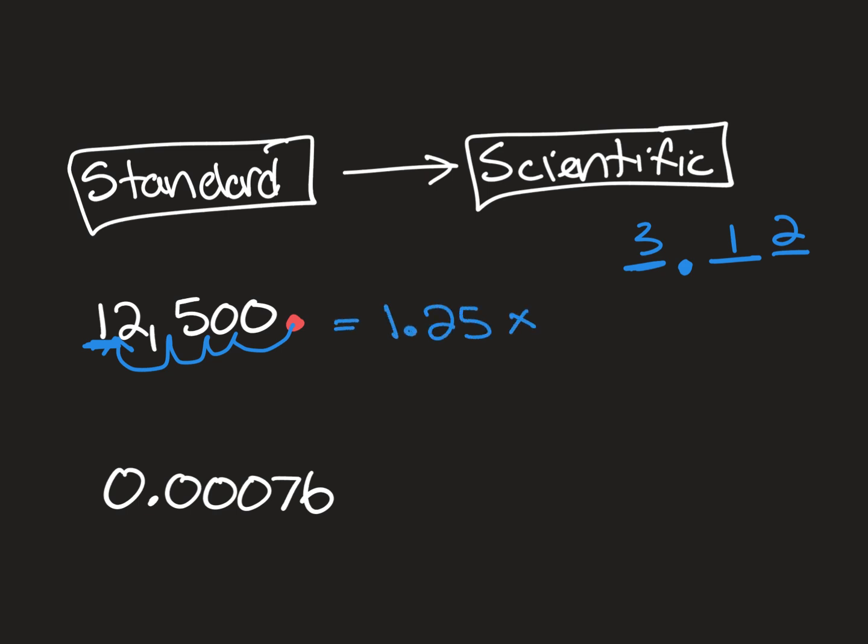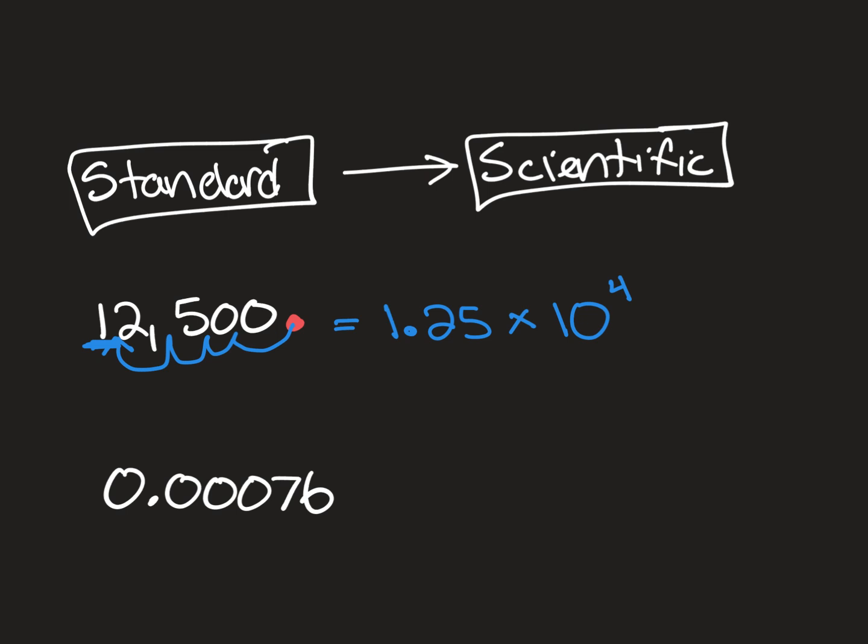And when you write scientific notation, it's always to the base of 10. And since I moved it 1, 2, 3, 4 times, it's going to be a positive 4. So proper scientific notation, always one digit in front of the decimal. That's the one thing you want to make sure your final answer looks like.